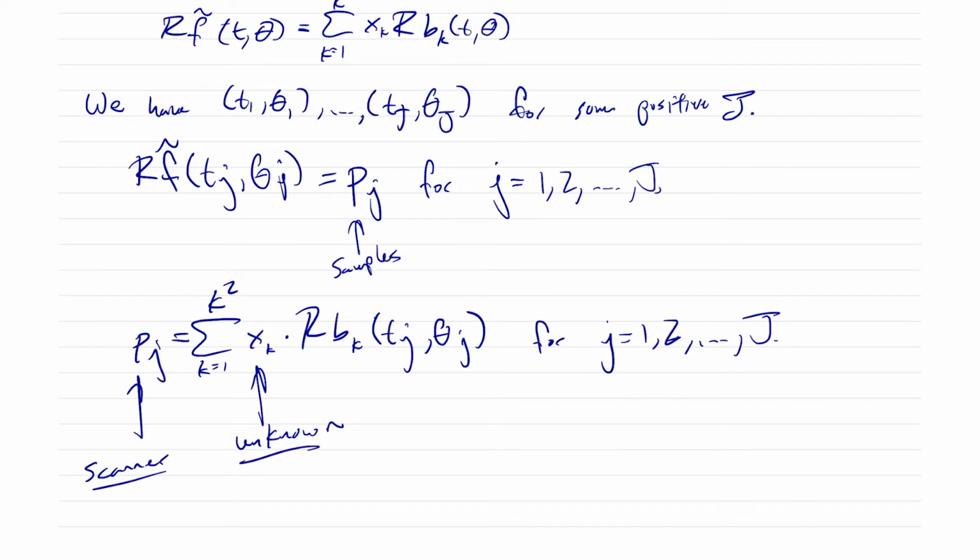But this last piece is the last bit that needs to be computed. Generally speaking, you're just going to take a look at say your point t and theta, and then you basically just need to compute the length of this line through the square.